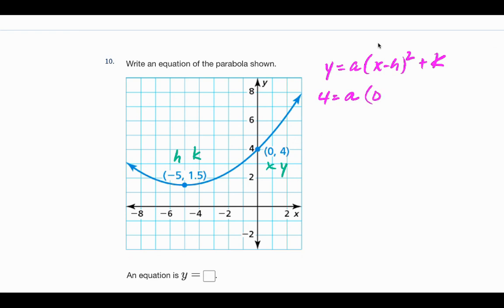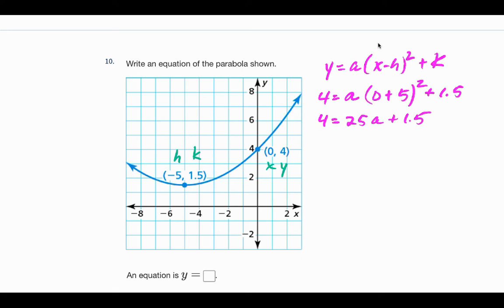We know our h is, again, negative 5. But we know a negative times a negative is a positive. And then we'll have plus 1.5, which is our k. So we have 4 here. We know that 5 squared is 25. So we'll have 25a plus 1.5.